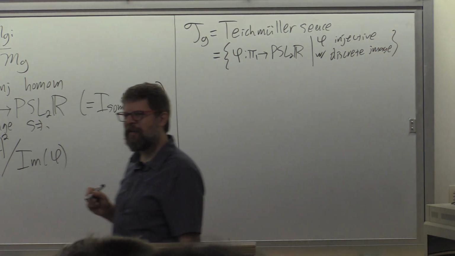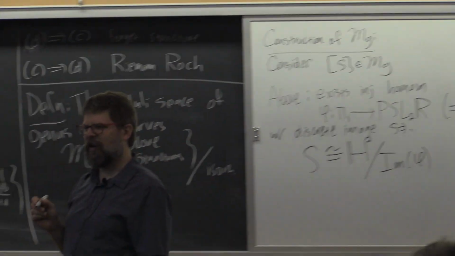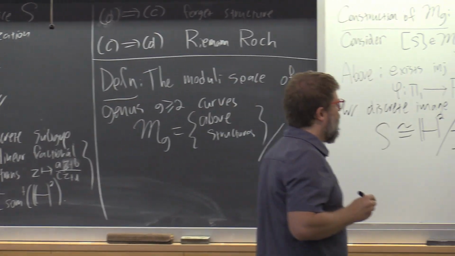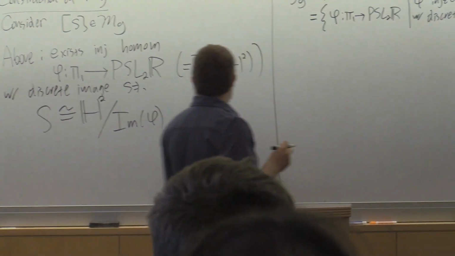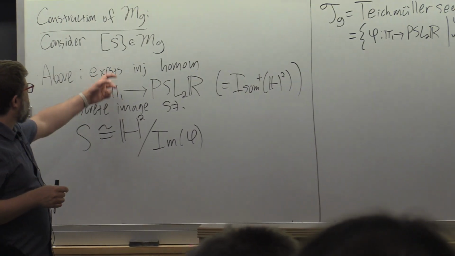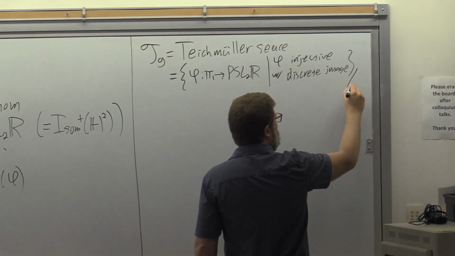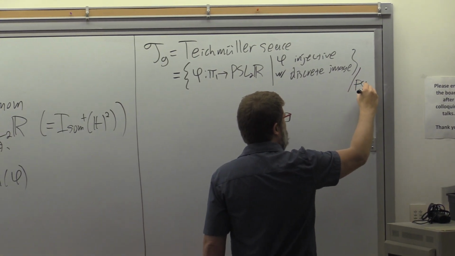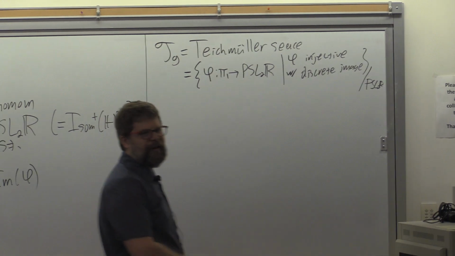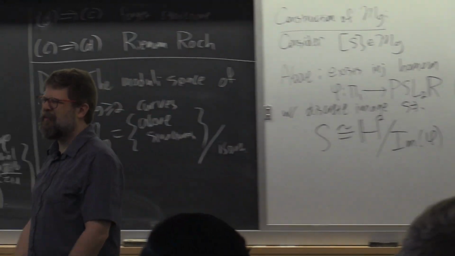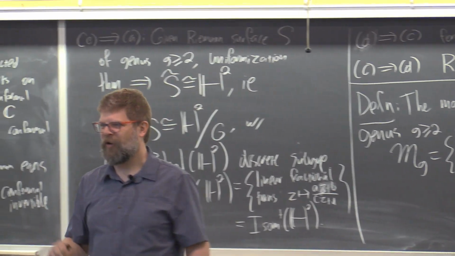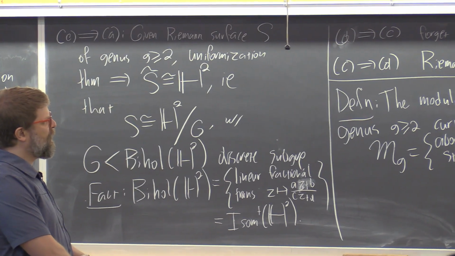Okay, so we look at the space of such injective representations with discrete image. And there are issues here: S doesn't have a canonical base point, so we should quotient by the conjugation action of PSL_2(R). Quotienting by conjugation eliminates dependence on the base point.